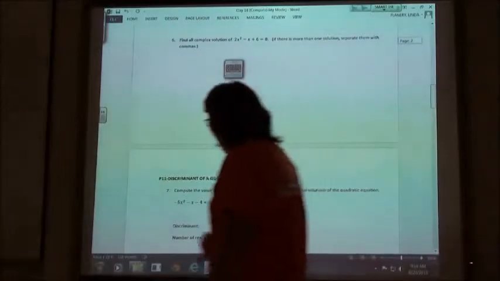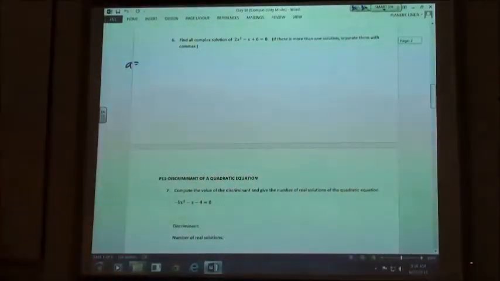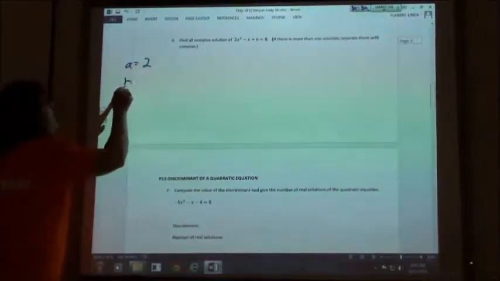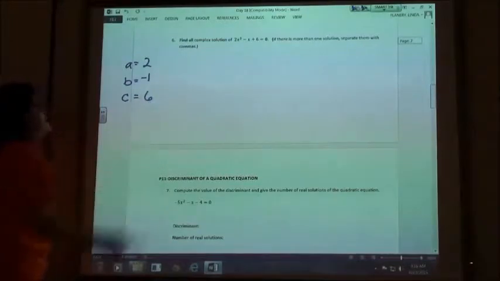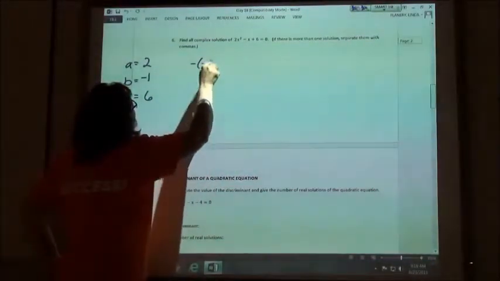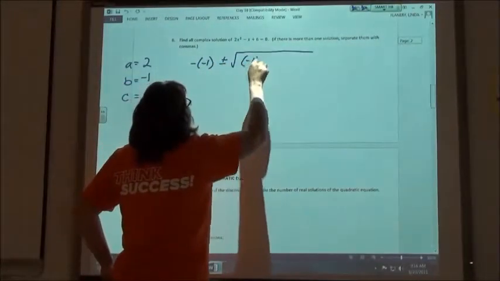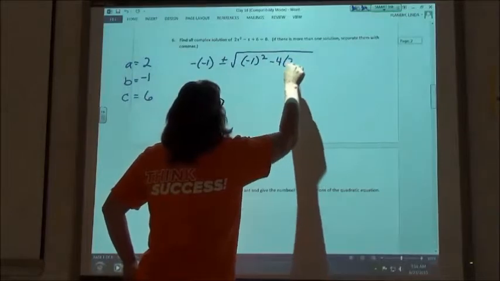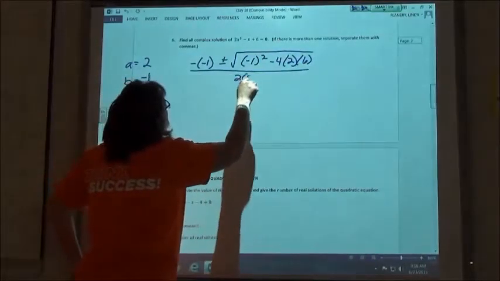Number 6 then. Our a is going to be equal to 2, b is -1, and c is 6. So substituting that in, we're going to have minus our -1 plus or minus the square root of -1 squared minus 4 times 2 times 6, all over 2 times 2.